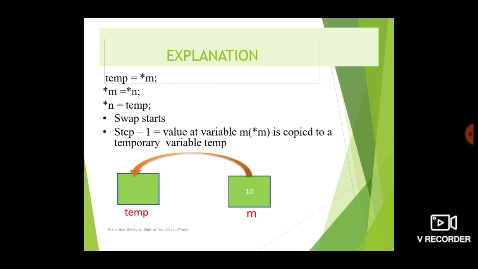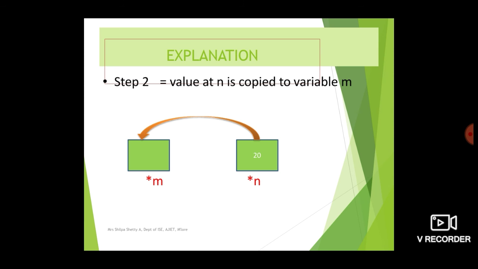So I hope this is clear, students. First, temp is equal to star m. Star m is where m is pointing to. M is pointing to A, its value. So temp will become 10. Similarly, star m is equal to star n. It means the value pointed by m, which is nothing but A, is now the value pointed by n, that is B. B is 20.